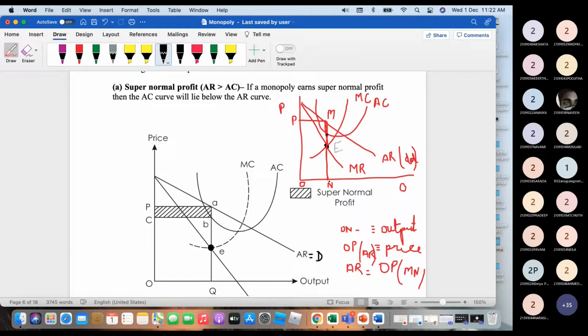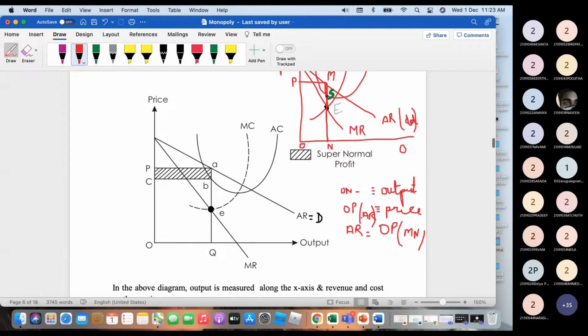So ON line, students, the same line, the output line, the equilibrium line, the AR line, they are the same. If you go from here, it is touching the AC at this point where I have put it in black. And I put this point as S. So what is your AR? AR is OP.